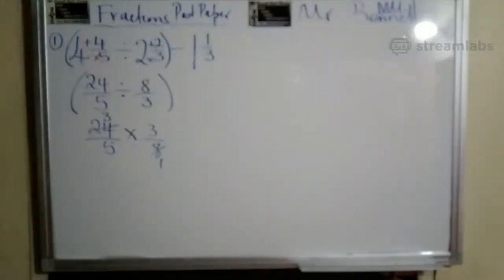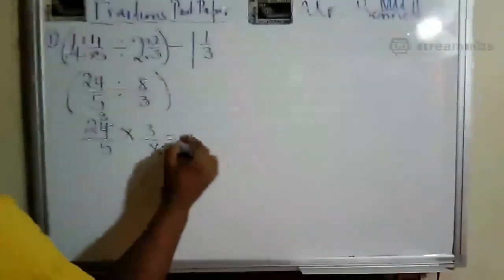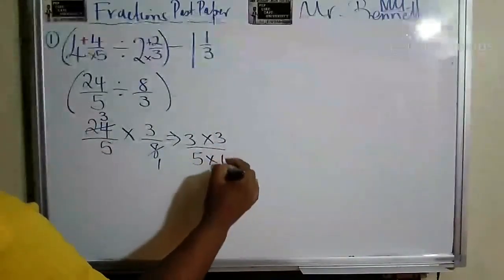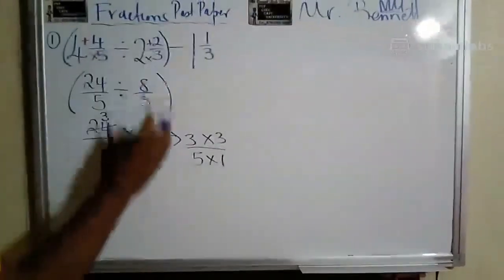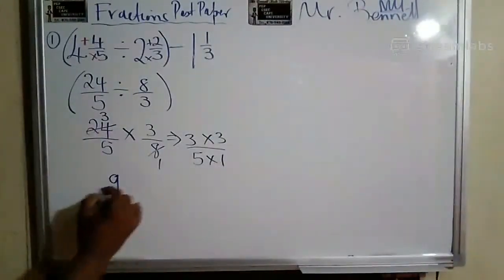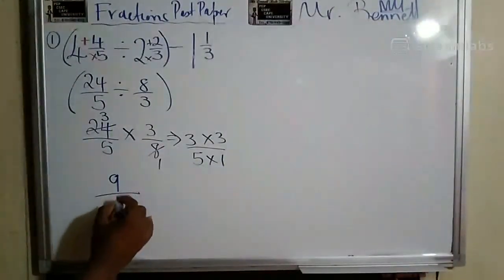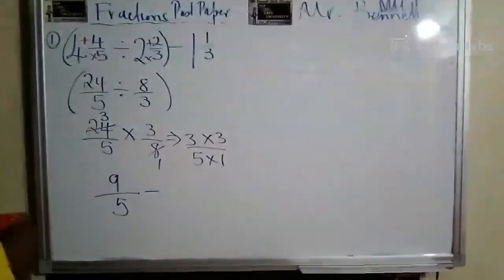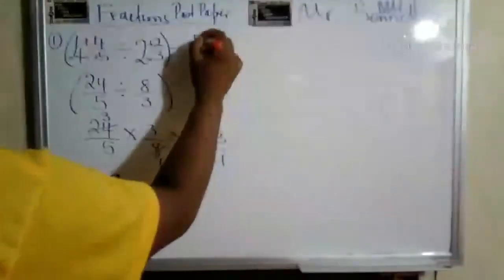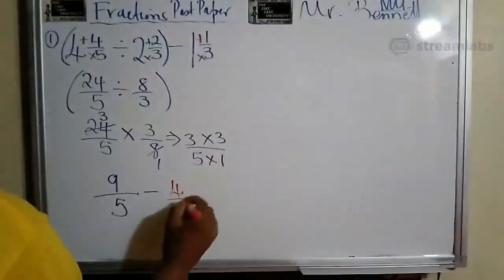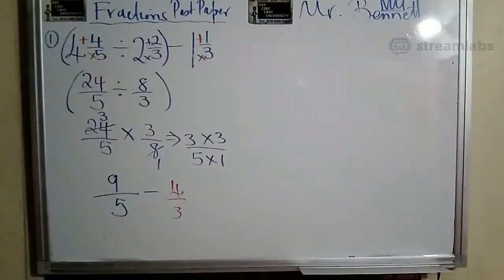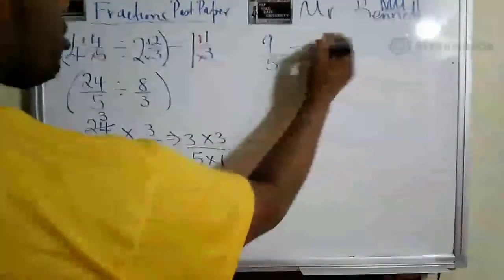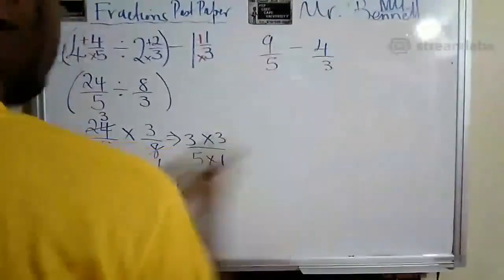Alright, so now that we reach this stage, we can just say numerator times numerator, so it will be 3 times 3 and 5 times 1. Remember, we're doing this top part first. So 3 times 3 is 9 and 5 times 1 is 5. Minus 1 times 3, which is 3 plus 1, that's 4 over 3. Let me just rewrite this up here, so it's 9 over 5 minus 4 over 3.